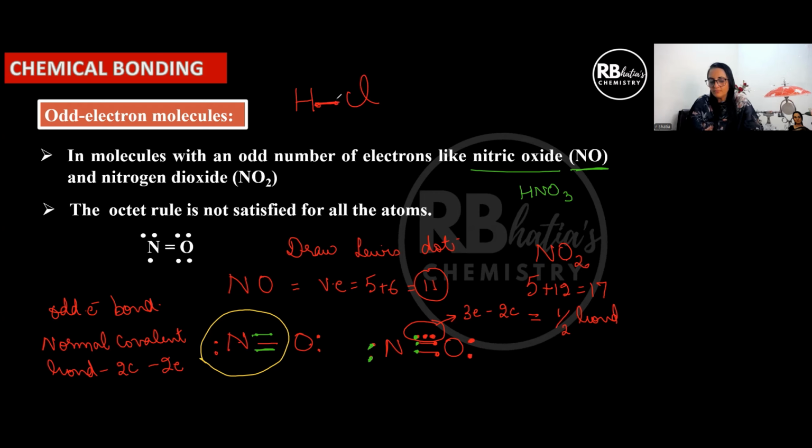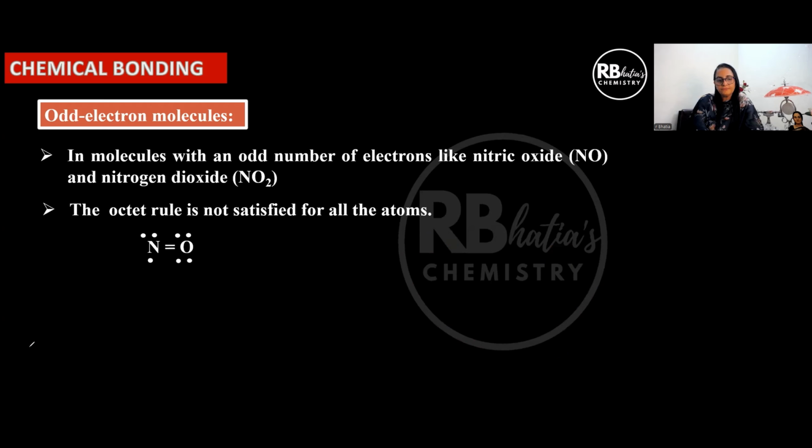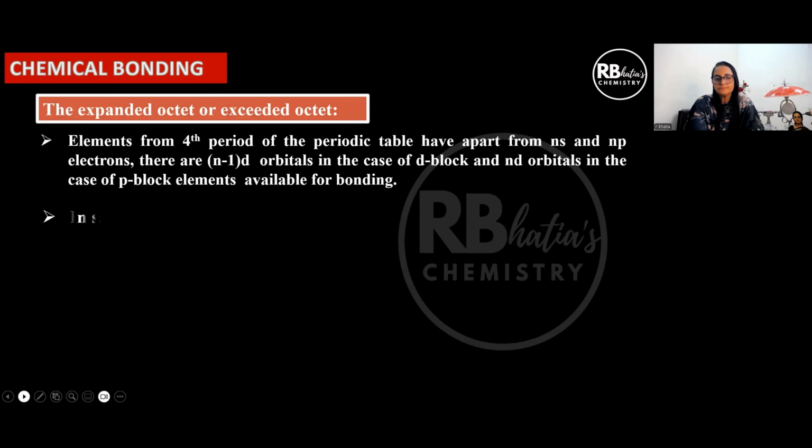That's a normal covalent bond. But this one is an odd electron bond where 2 centers are sharing 3 electrons, and its strength is equal to half a bond. So what is the bond order of this bond? The bond order of the NO bond is 2.5. Exactly in the same way, if I try drawing the structure of NO2, NO2 is also an odd electron molecule.